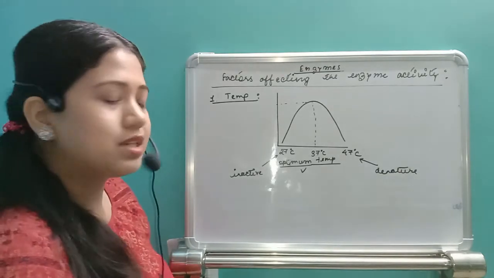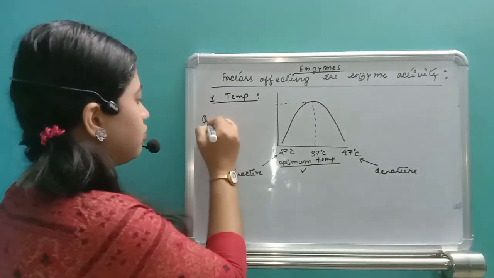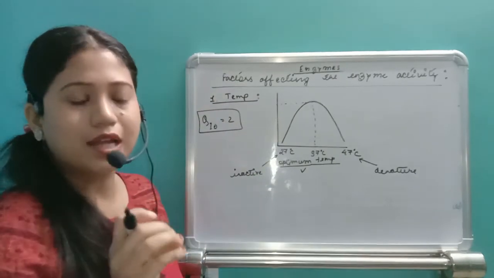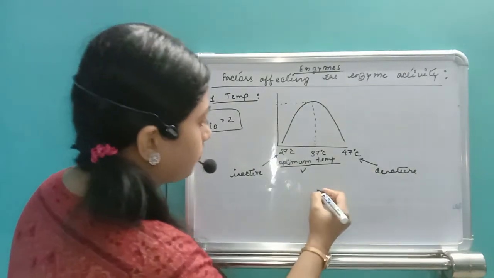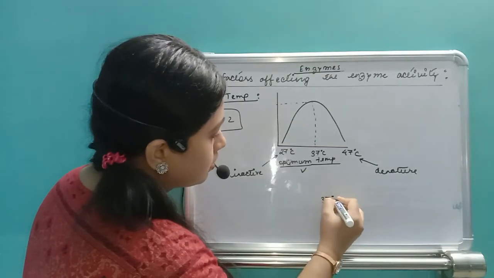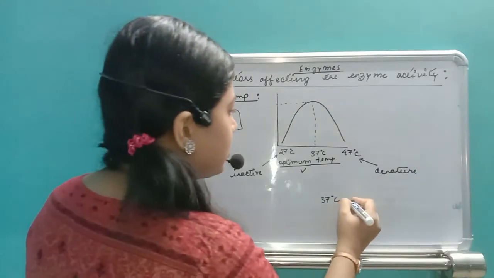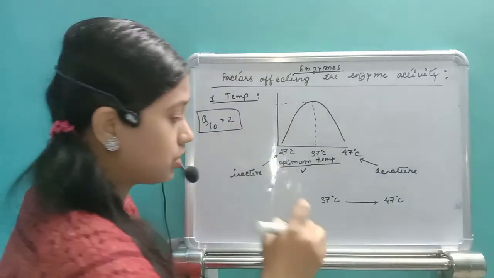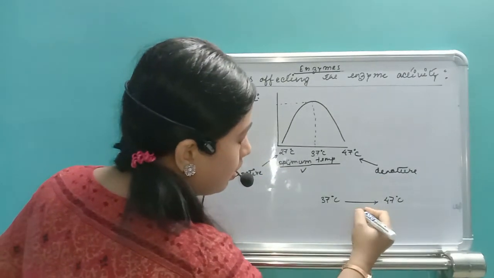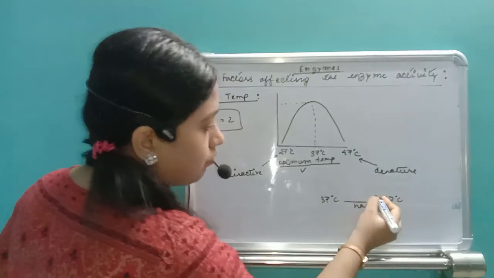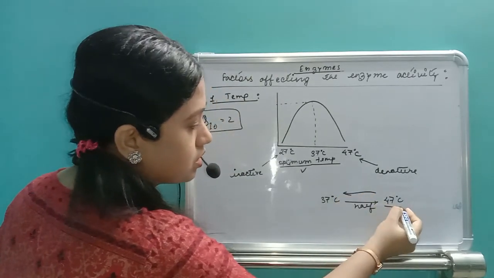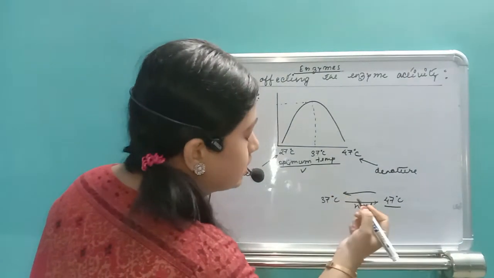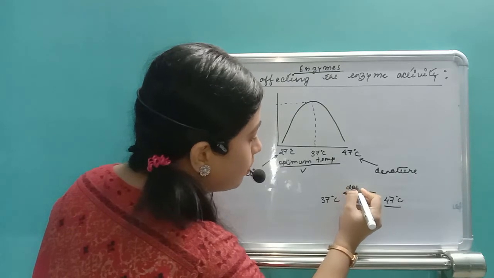Now we have one term, Q10 equal to 2. In NCERT it is given that suppose it is 37 degrees Celsius. Whenever it reaches 47 degrees Celsius, the rate of the reaction gets halved, and whenever it moves from 47 degrees back to 37 degrees, the enzyme doubles its rate.